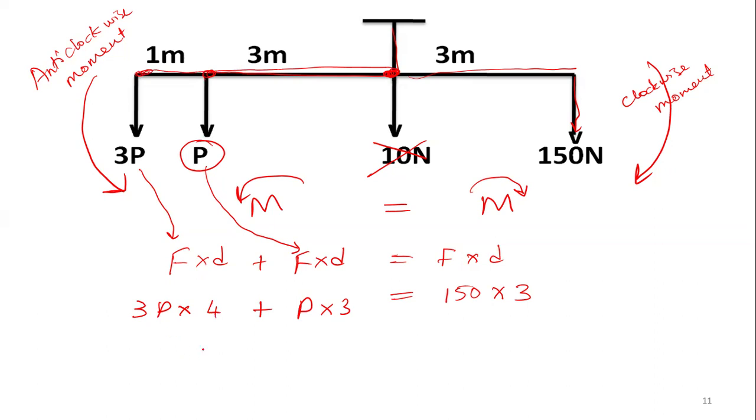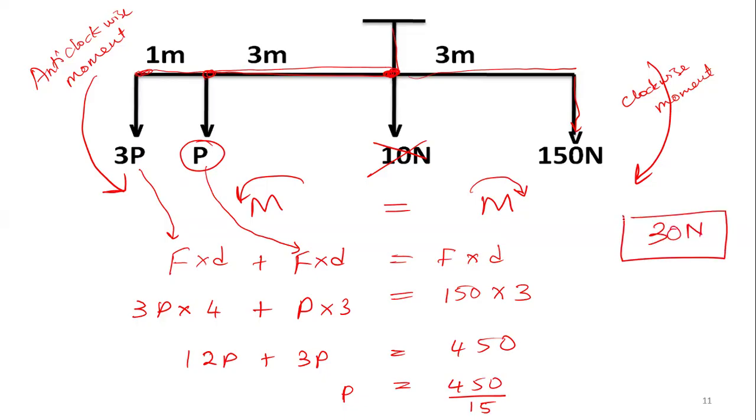So now it's totally maths. 3 into 4 is 12P plus 3P, that is 15P, is going to be equal to 450. So 450 divided by 15 is going to be equal to P. 30 Newton is the answer.